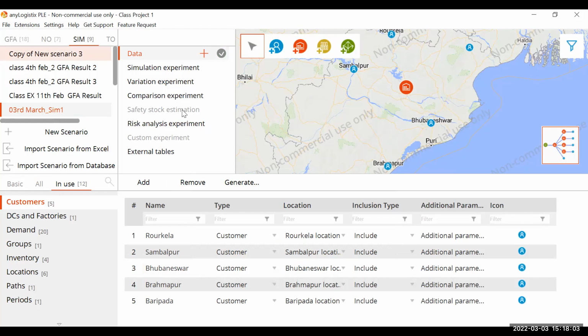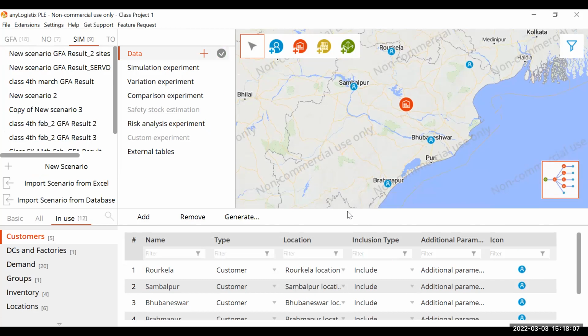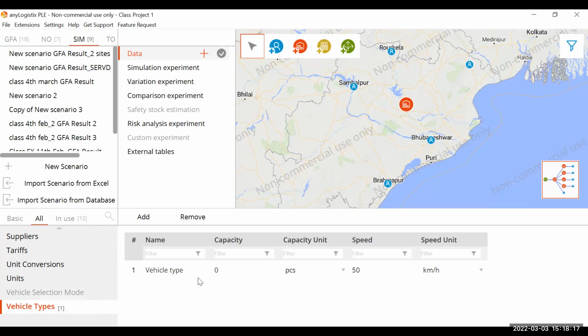So now what we are going to do additionally is add some additional parameters, right? What will be the additional parameter? We'll add some transportation. So click on the all, go to the vehicle type, right? Name, let's say truck one.